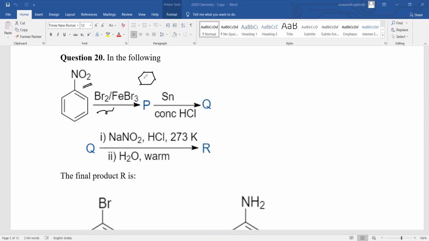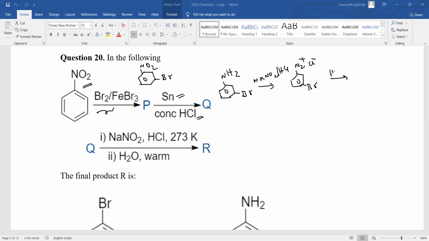So directly you can write the product here, NO2 and Br. Sn HCl acts as a reducing agent, so NO2 is directly converted to NH2, with Br. NaNO2 and HCl is formation of diazonium salt, right? So this will form N2 plus Cl minus with Br. And H2O under warm conditions, you will get phenol. So the final product is this one. Just check out your options.